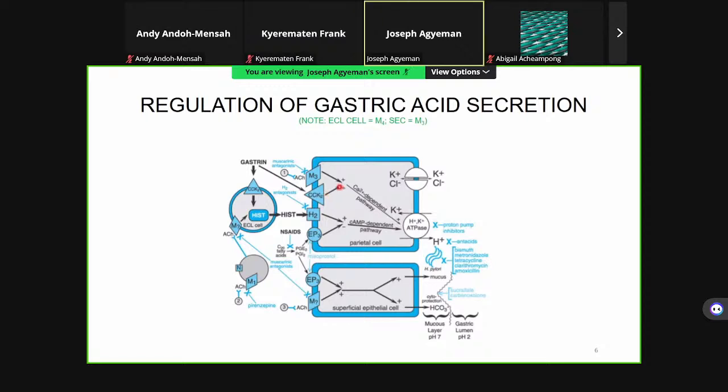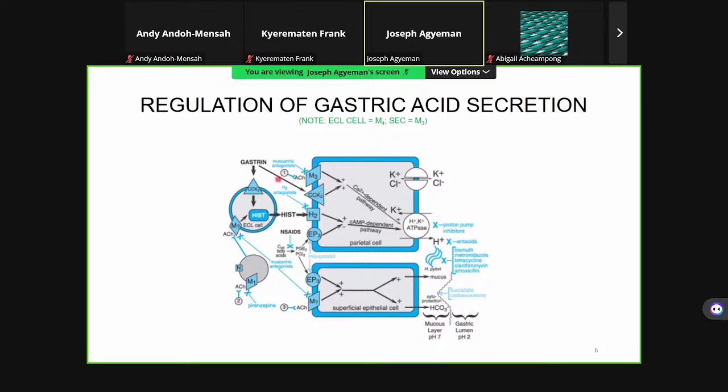So it's just like the muscarinic pathway. These are coupled to Gq proteins. They are called the G protein coupled receptors. It's just like the parasympathetic nervous system.